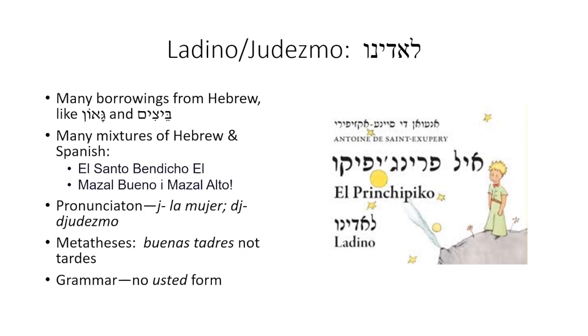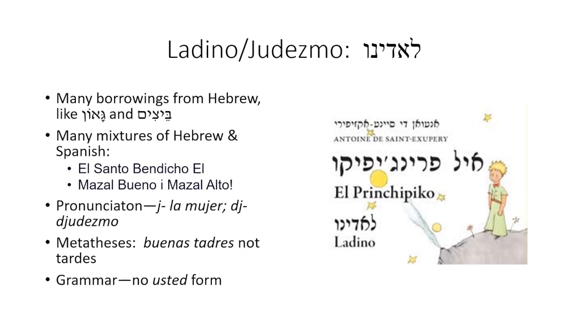One of the ways that Ladino differs from modern Spanish is in the pronunciation of the J sound. Je is definitely a feature of Ladino pronunciation, of Ladino phonology. So in modern Spanish, the word for the woman is la mujer, but in Ladino it's la mujer.